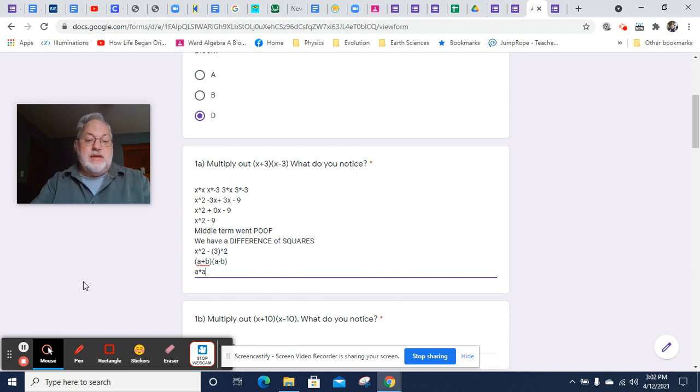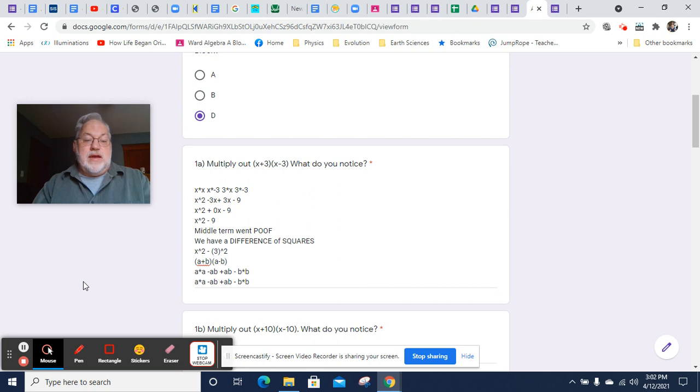So we'll have an a times a, and then we'll have a negative ab, and we'll have a plus ab, and then we'll have a minus b squared, because that's just a minus b times b. I'll just do it like this. I'll keep that consistent in my process. And then I will clean that up. That's going to be, of course, b squared.